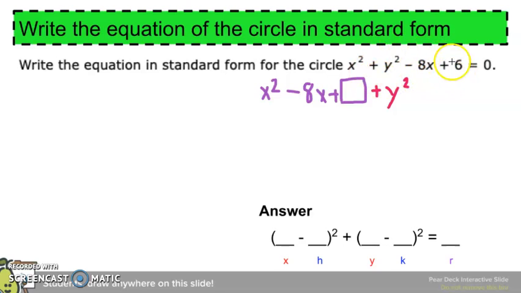Notice there's no other y terms here, so I don't need to do anything else with that term. Then I have plus 6 equals 0. So the first thing I'm going to do is I'm actually going to do two steps at once here. I'm going to move my 6 over to the other side of the equation because I know that I need this to come over there in order to solve this.